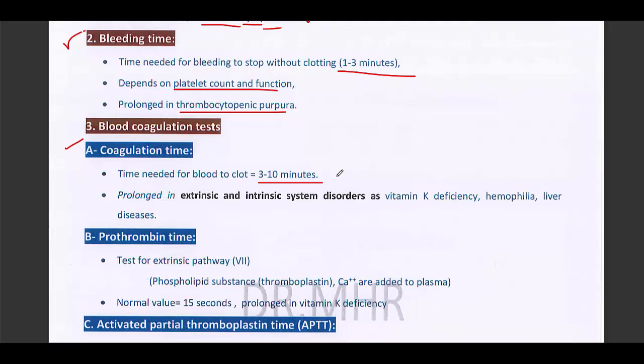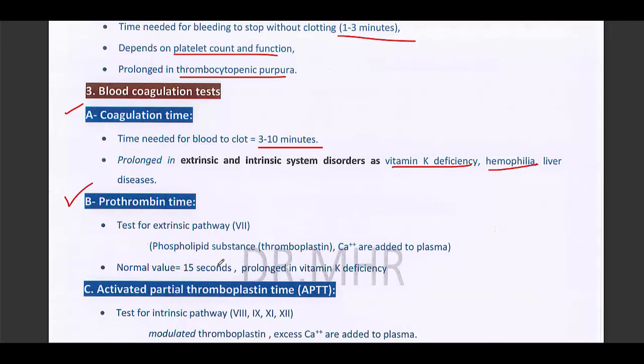It's prolonged in extrinsic and intrinsic system disorders like vitamin K deficiency, hemophilia and liver diseases. We discussed why vitamin K deficiency and hemophilia. Now, liver diseases, because as we learned before, the liver is the factory for plasma proteins and for all factors.